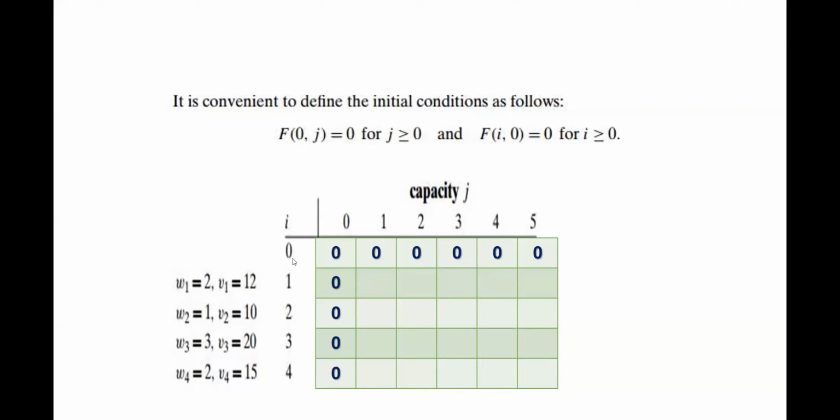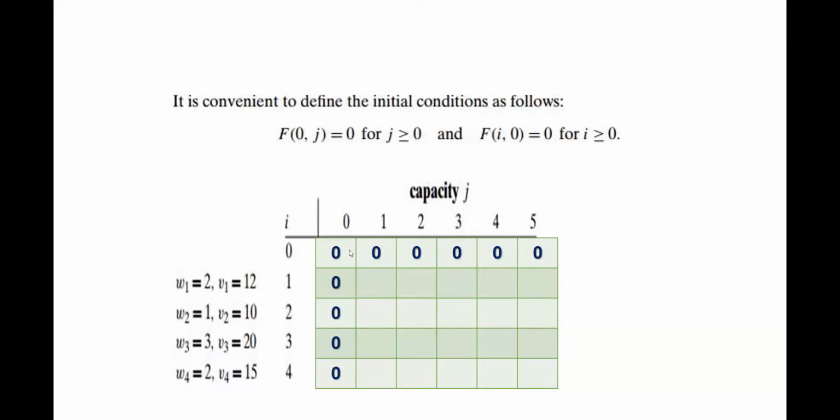That means the 0th row will be initialized to zeros. And F of i, j: if j equals 0, for all values of i greater than 0, you initialize with zeros. That is, the complete 0th column will be initialized to zeros.